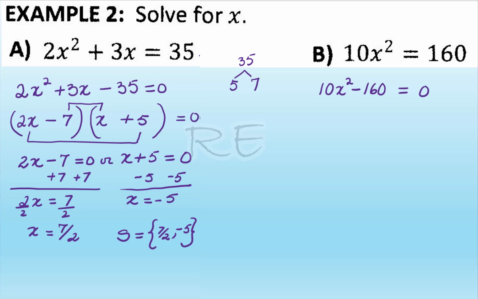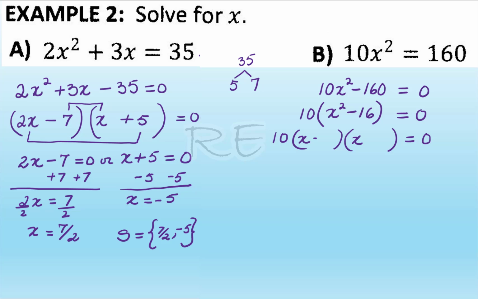We subtract 160 from both sides, and we get 10x squared minus 160 is equal to 0. The greatest common factor between 10 and 160 is 10. So we factor out 10, and we get 10 times x squared minus 16. x squared minus 16 is a difference of two perfect squares.